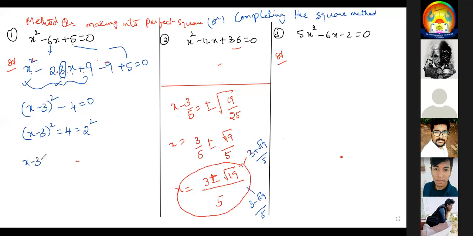The square gets cancelled. x minus 3 is equal to plus or minus 2. That is x minus 3 equal to 2 or x minus 3 equal to minus 2. Two cases. If 3 goes to the other side, x is equal to 5. In the other case, x is equal to 3 minus 2, that is 1.